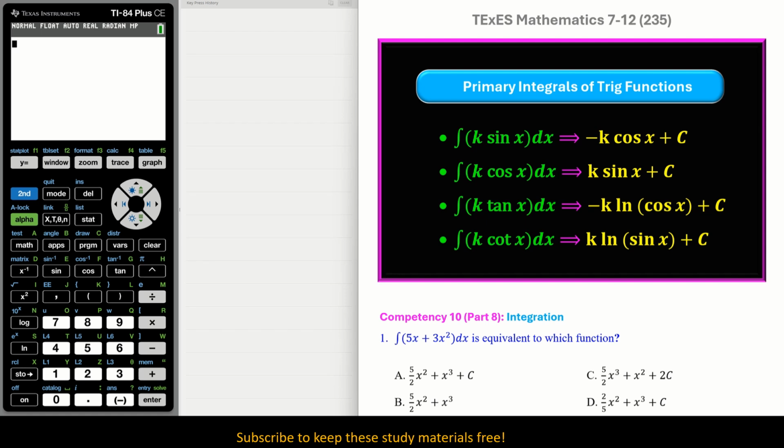So k is the coefficient that we pull to the front, and then we work our integration, and then we put it back, or rather multiply it in. If you're familiar with integration and your derivatives, you'll be familiar with this concept. If you are not, do yourself a favor and look at the end of one of my videos.